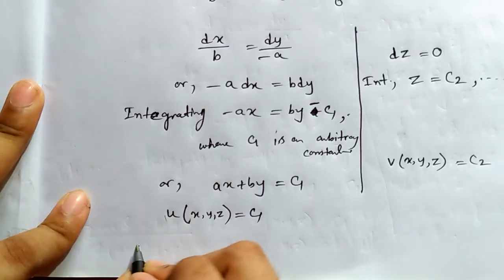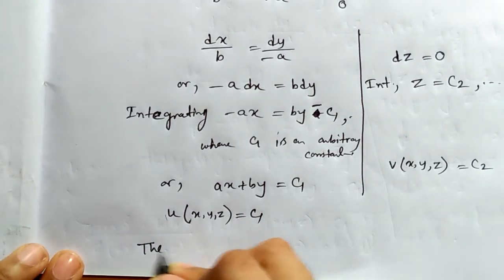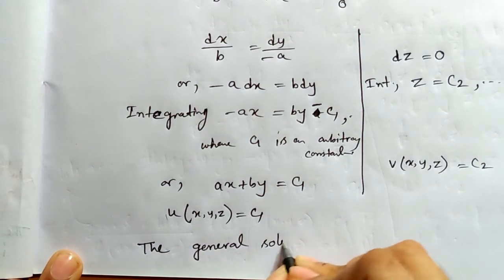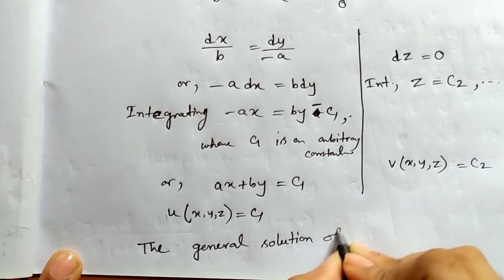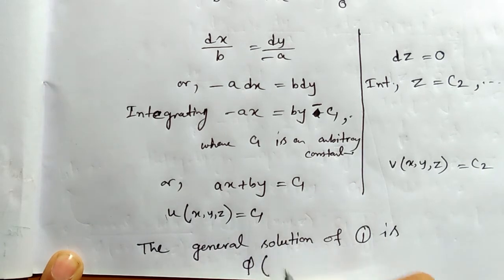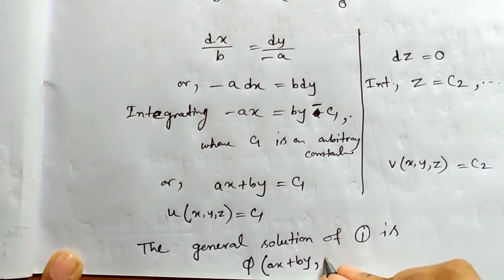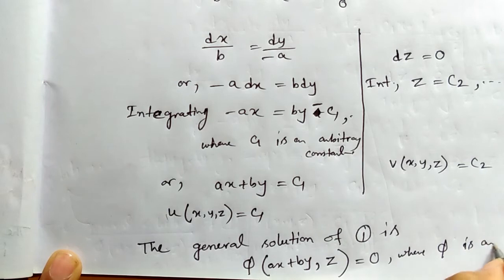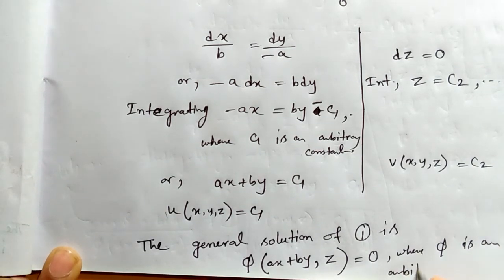Now our last line is the general solution of the given PD, that is 1, is phi of u comma v equal to 0, that is phi of ax plus by comma z equal to 0, where phi is an arbitrary function.